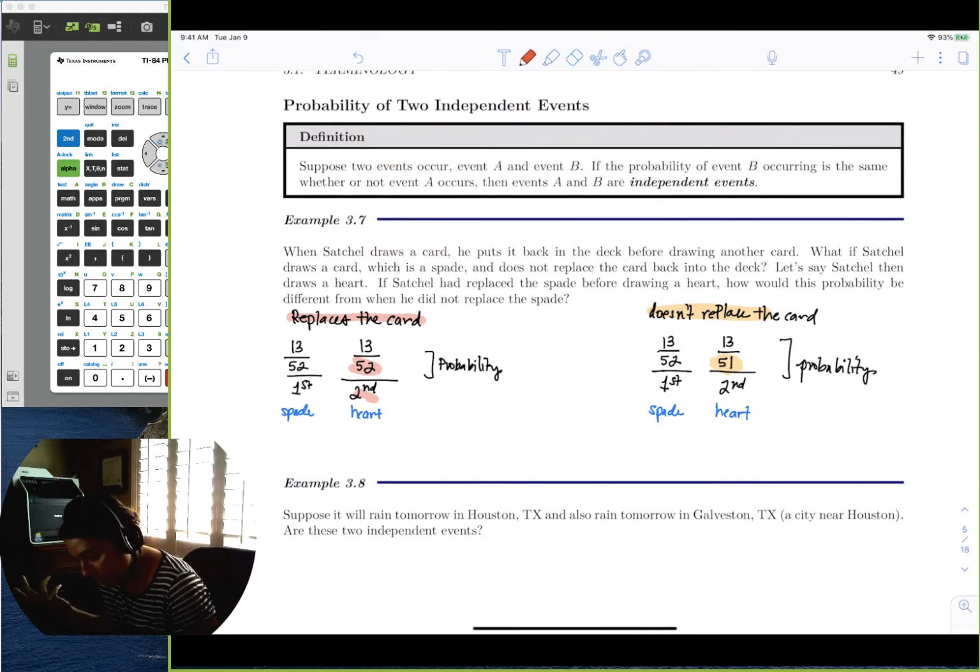Here, these are not independent events. And these are independent events.